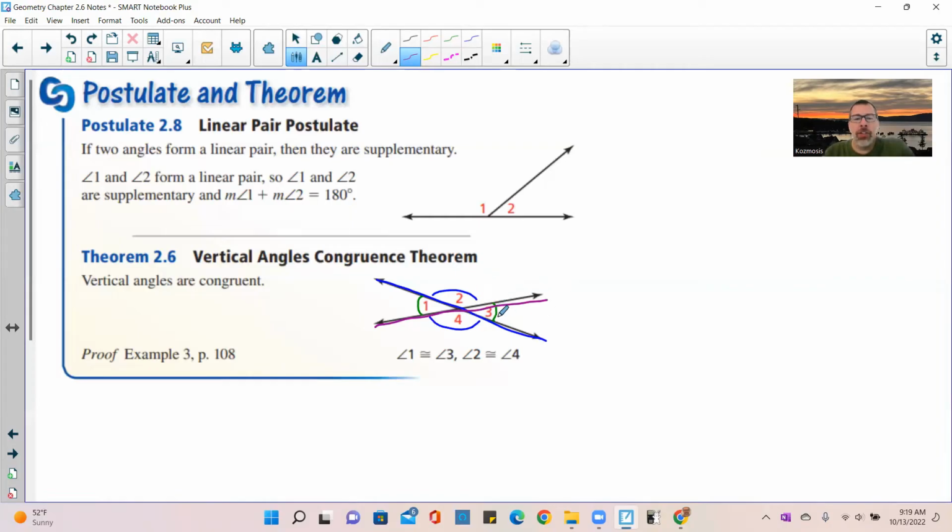And all these things just tie together and then start to make other things true. Okay, so we'll take a look at those proofs on the next slide.